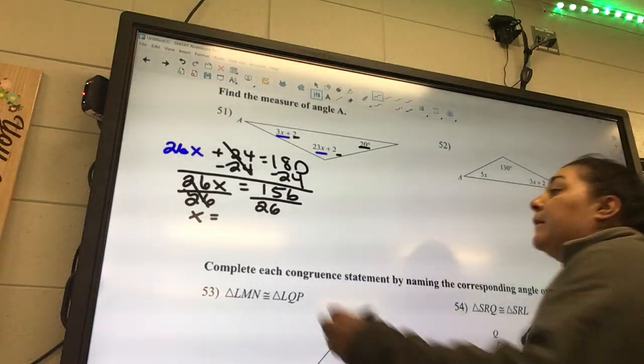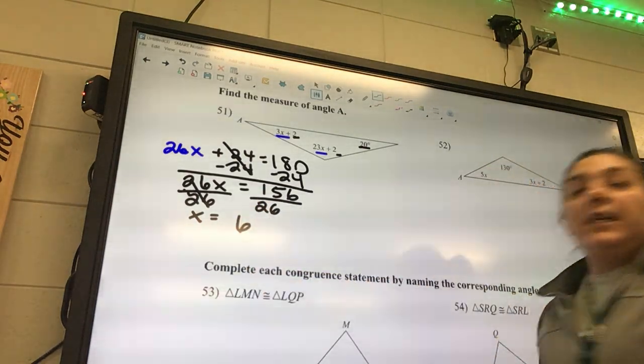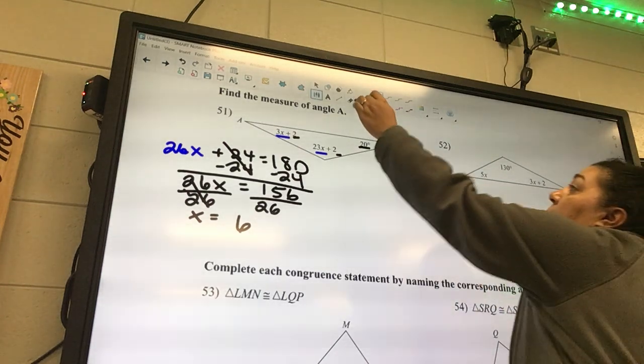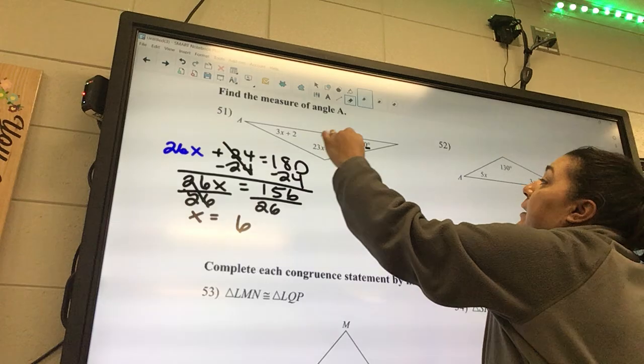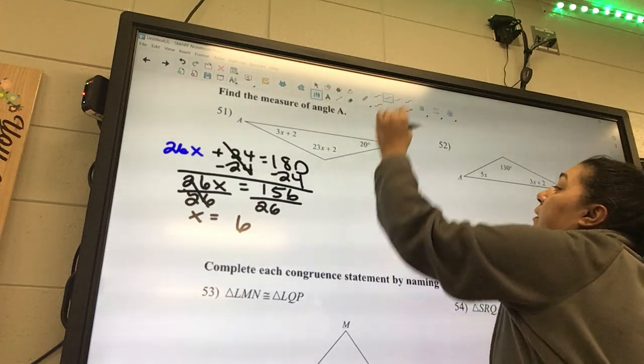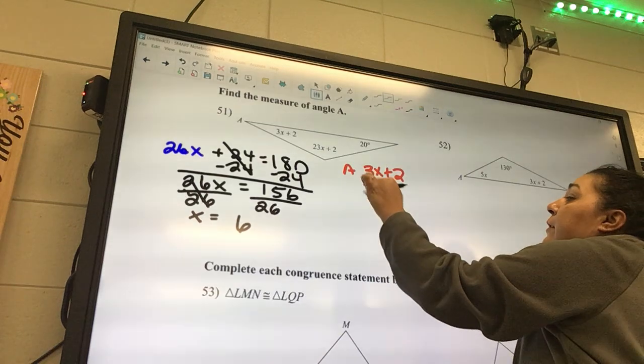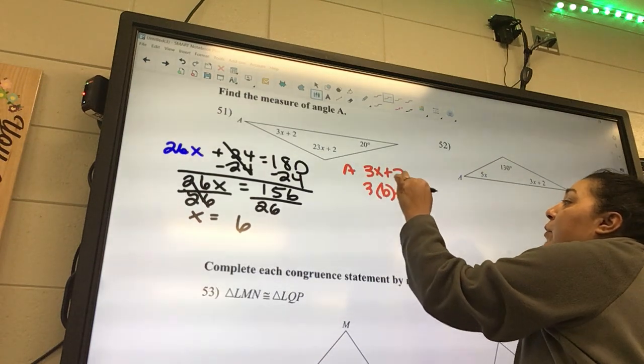It's what? 6. 6? Okay, do we stop or keep going? Keep going. We gotta keep going. Okay, and it says find for A. Which one is A? 3x plus 2. Okay, so A is 3x plus 2, so it's going to be 3 times 6 plus 2.